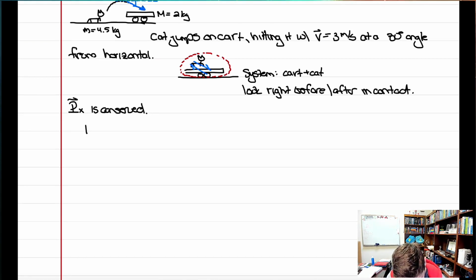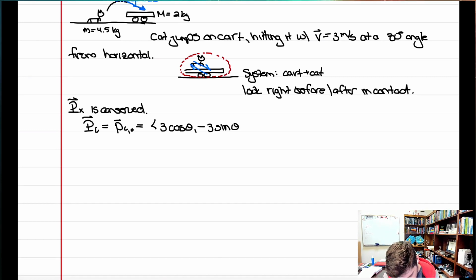So then I can write down the initial momentum of the system, I should make that capital P. The initial momentum of the system is just going to be the individual initial momentum of the cat. If I take right and up to be positive, that looks like 3 times cosine of the angle, and then minus 3 times sine of the angle, which I already did.